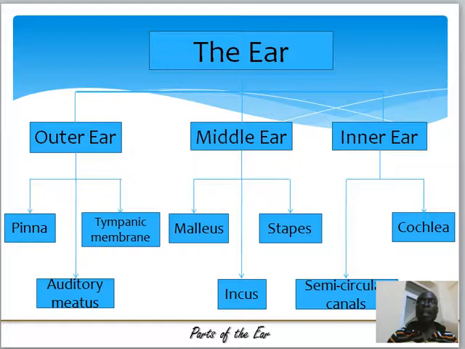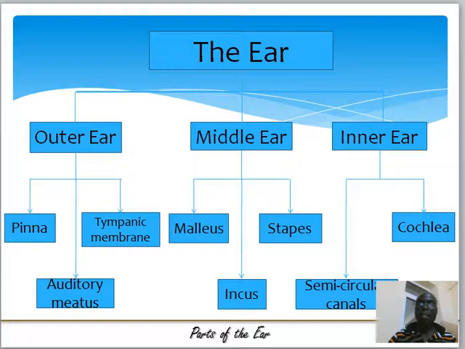Next, let's now look at this in a diagrammatic format. We have the ear, the organ for this discussion, which is made of the outer ear, the middle ear, and the inner ear, as we have said before. Now this outer ear, as I've mentioned, consists of three parts: the pinna, the auditory meatus, and the tympanic membrane.